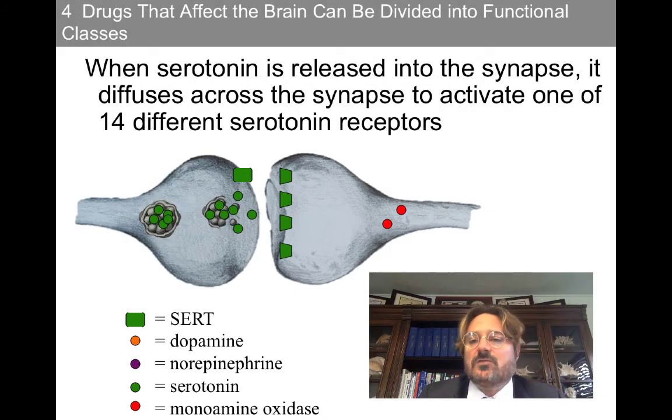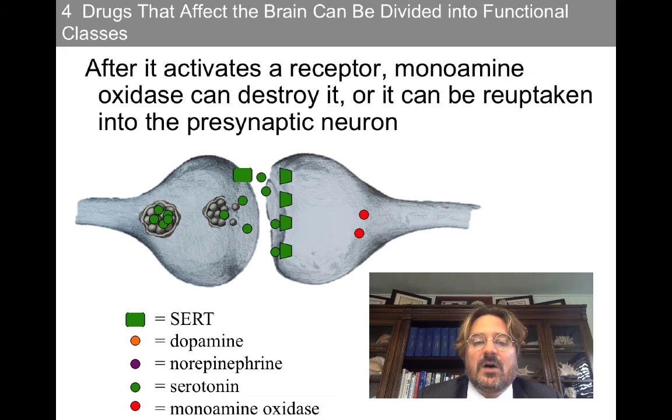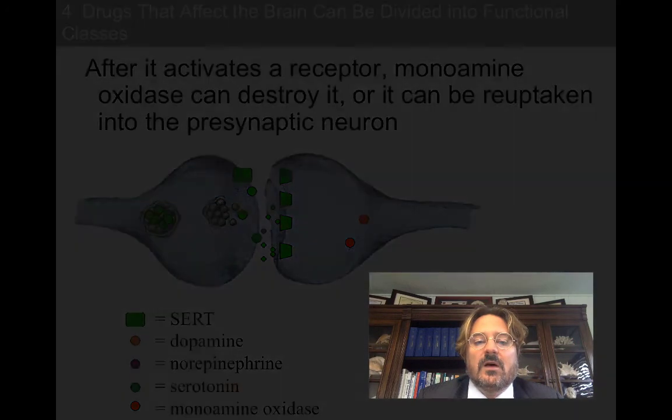But when serotonin's released in the synapse, if somebody is not taking an SSRI, we would expect that the serotonin there, the green circles, are going to diffuse across the synapse, and then they're going to be pumped back into the presynaptic terminal. Some of them are actually going to be destroyed by monoamine oxidase, which we talked about earlier. But they're pumped into that vesicle where they're safe from those enzymes that like to eat up serotonin.